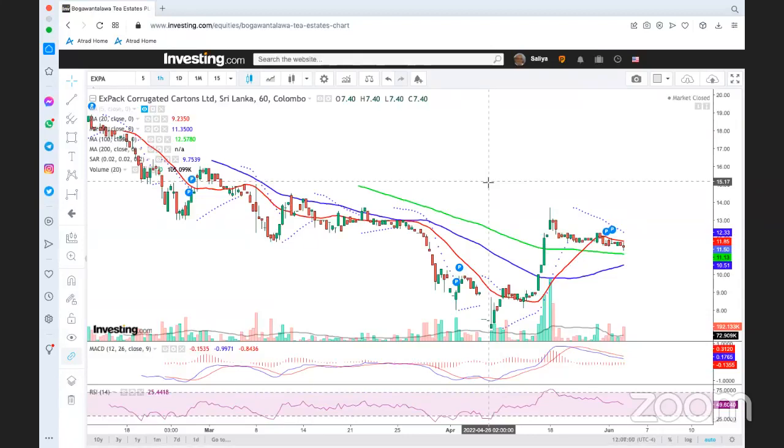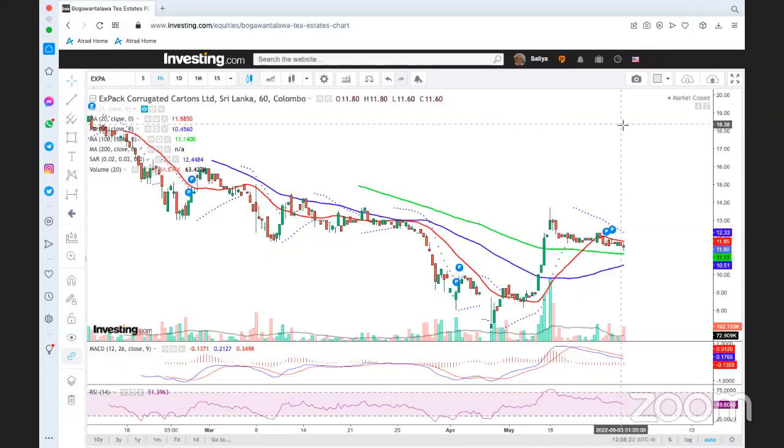You have to be mindful that these are very short time frames. Sometimes within minutes you have to exit, because until the formation in the 1 hour takes place, you have a time duration. So you need to understand that. Those are the things we need to bear in mind when we are using very short time periods.